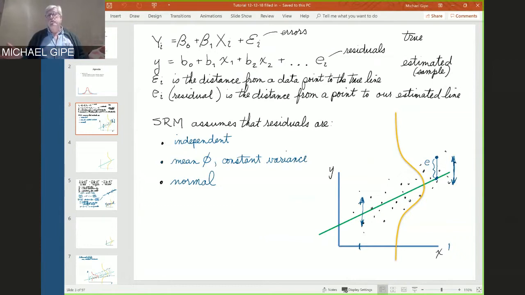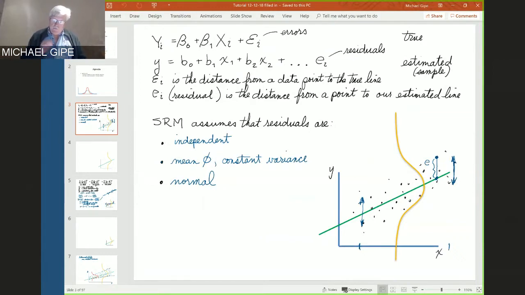Why is this important? It allows us to do some stuff that we like to do with normal distributions, like confidence intervals and the empirical rule. So if we have a nice normal distribution of data around, above and below the regression line, then we can do a lot of that analysis and figure out the goodness of our fit in many ways.